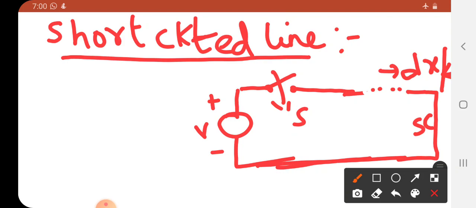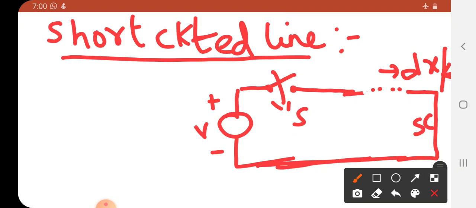Now let us repeat the same steps. When the switch S is closed, the voltage wave V and current wave I start from the sending end. These two travel throughout the transmission line. Here again we consider the last element as dx.